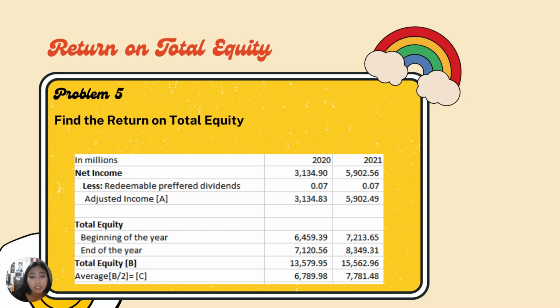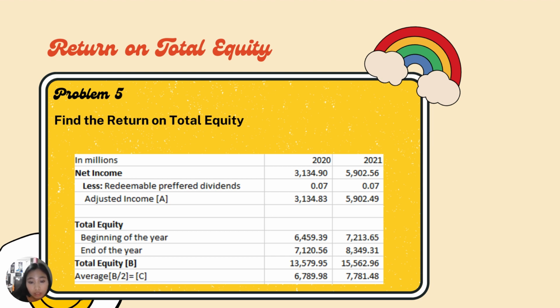Adjusted income is 3,134.83 and 5,902.49. So our total equity here is, beginning of the year, 6,459.39 and 7,213.65. End of the year, 7,120.56 and 8,349.31.